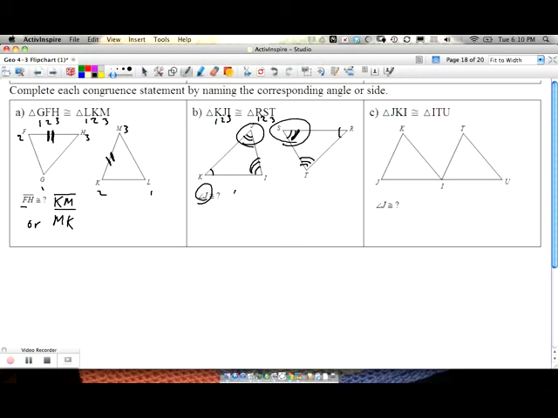So I want the second one, the S. That's going to be congruent to angle S. All right, for this next one, we got angle J. That's going to be my first one. I'm going to shortcut this one. I know it's the first one in the first triangle, so it's the first one in the second triangle as well. That's going to be angle I. I didn't even need to look at the picture because the statement of congruence tells me exactly which pieces should be matching.